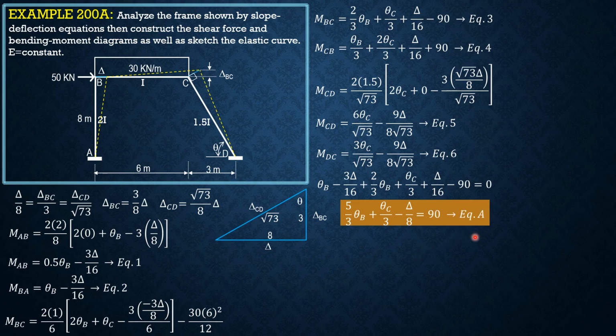Call that equation A. At C, MCB plus MCD equals 0. So theta B over 3 plus 2/3 theta C plus delta over 16 plus 90, then plus 6 theta C over square root 73 minus 9 delta over 8 square root 73 equals 0.